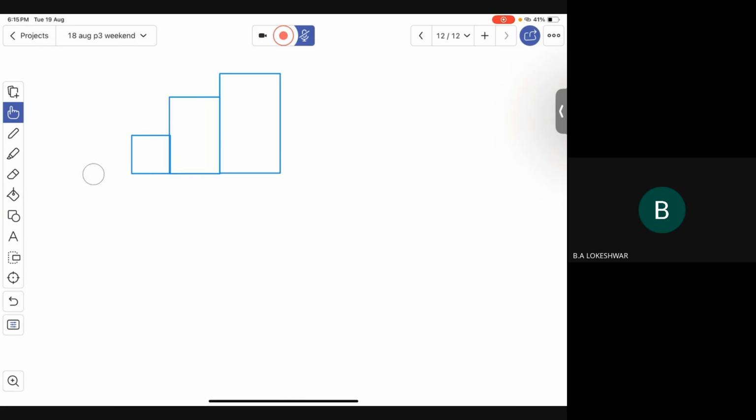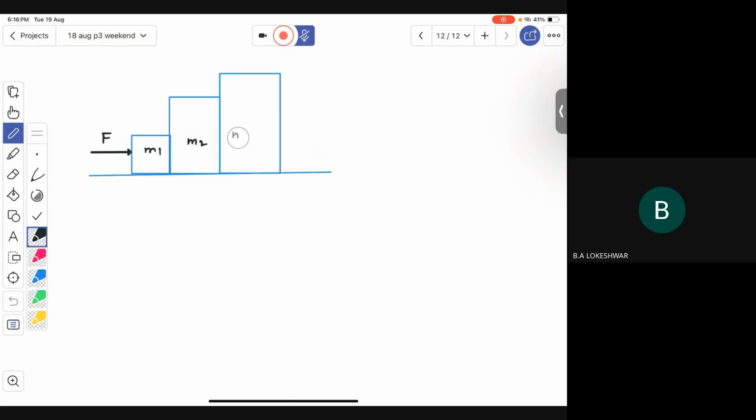Suppose the job is to find the acceleration of these three blocks, and they are moving together. That is the only thing I have to find. Then why would I draw the free-body diagram of each of them, since all of them are moving together? So you take all of them as one system, M1 plus M2 plus M3.